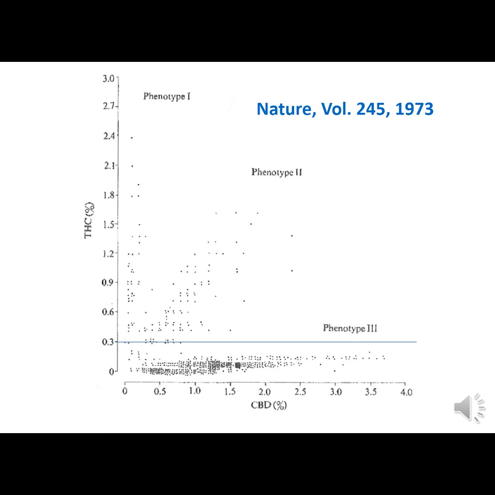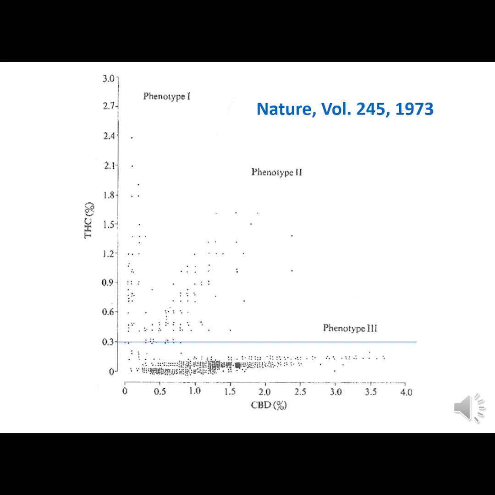And there was no data point for hemp in phenotype 3 that rose above this 0.3%. So he thought this was a good limit to use, that anything above 0.3% would be clearly identified as marijuana. And all the hemp plants are clearly below this 0.3% THC concentration.